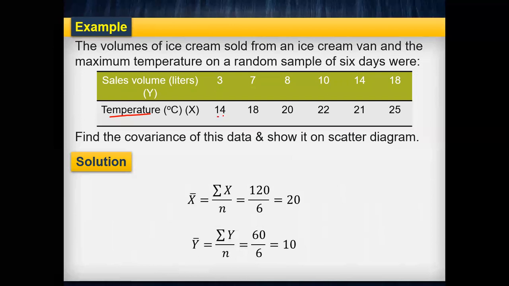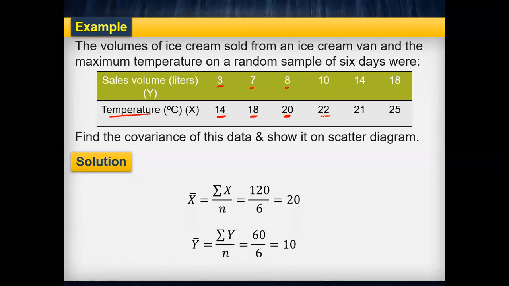When the temperature was 14 degrees centigrade, the sales were 3 liters. When the temperature was 18 degrees centigrade, the sales were 7. When the temperature was 20 degrees centigrade, the sales were 8.